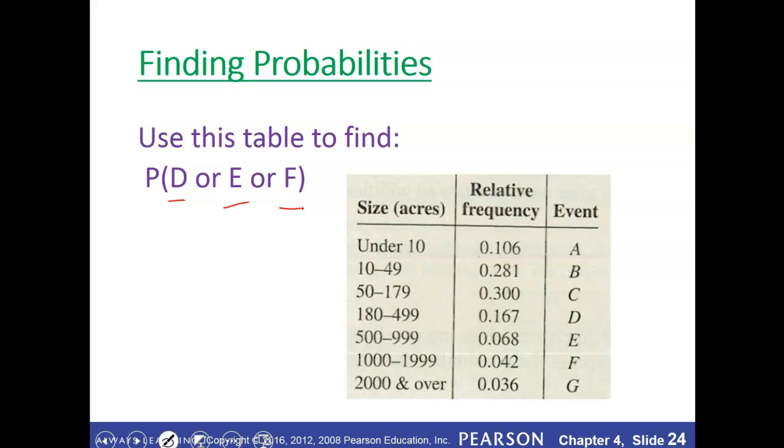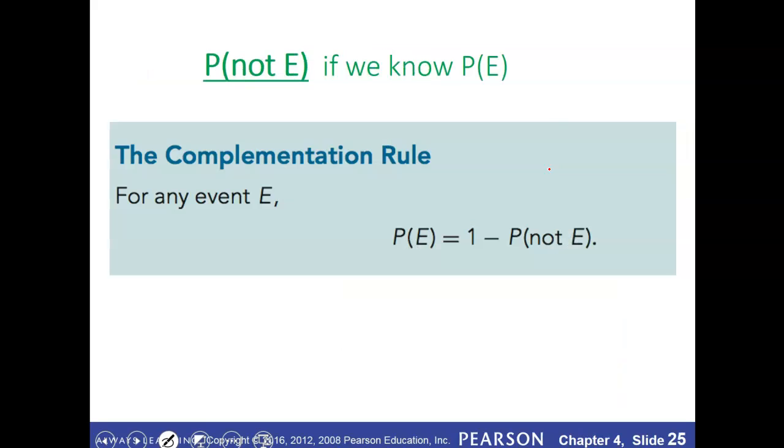But if we want to know the probability that they're in D, E, or F, those events are all mutually exclusive. The probabilities are here because this is a relative frequency table. So we would just simply add 0.167, 0.068, and 0.042 together to find the probability of a farm being in the category of D, E, or F.